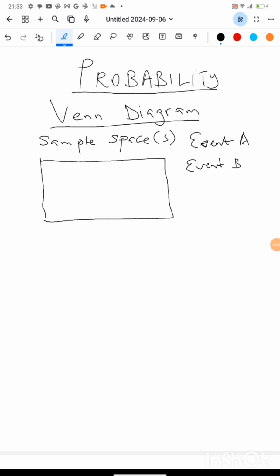So you'll get event A and then you'll get event B. So this is how a Venn diagram will then look like, right? Now let's actually do an example.